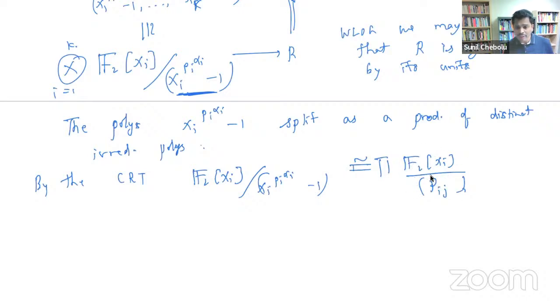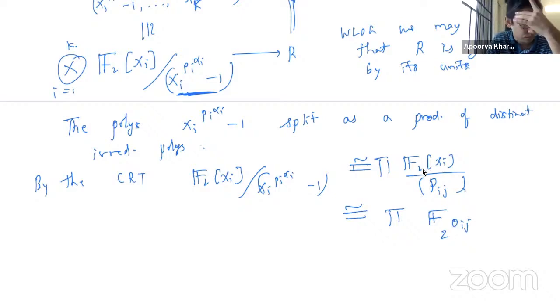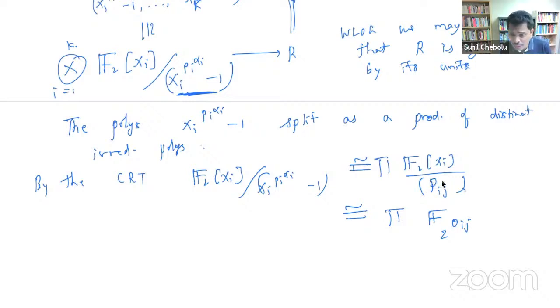These are all finite fields of characteristic 2. So this is isomorphic to a product of F2 to the power of θ_ij. Because this is the polynomial ring F2[x], when you reduce it by an irreducible polynomial, you get a finite field. So that is what you have.